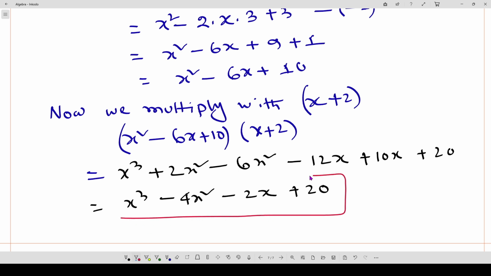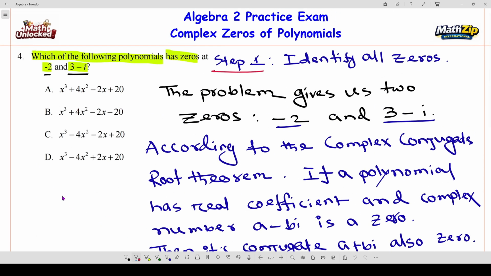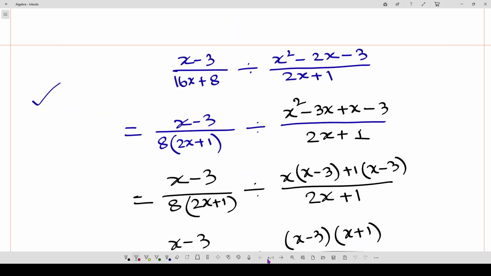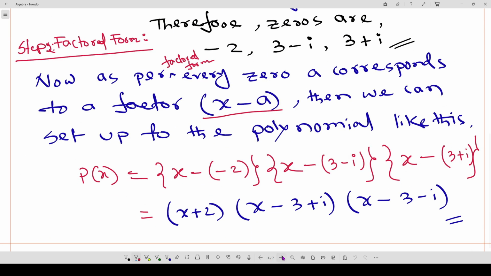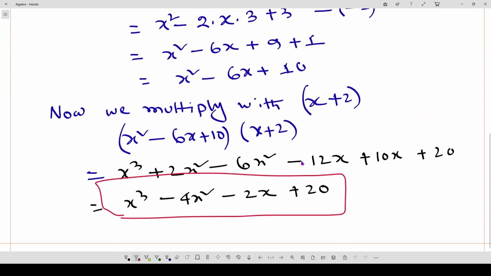Now we will check which option is similar among A, B, C, D. Here we get x cube minus 4x square minus 2x plus 20.